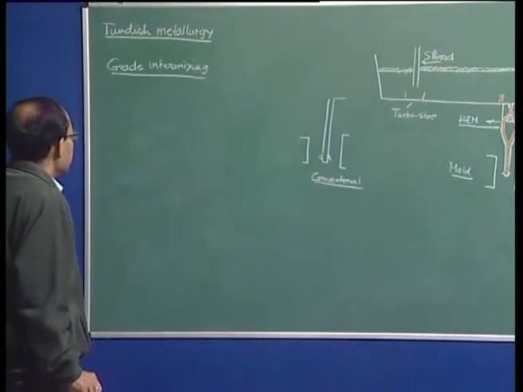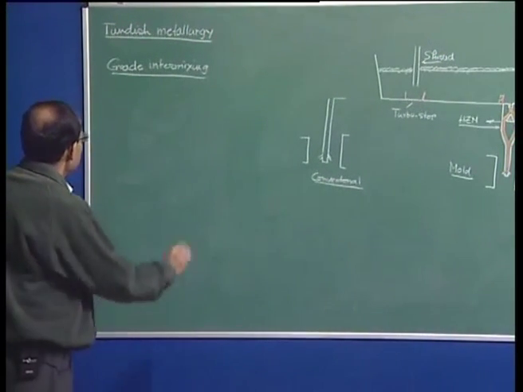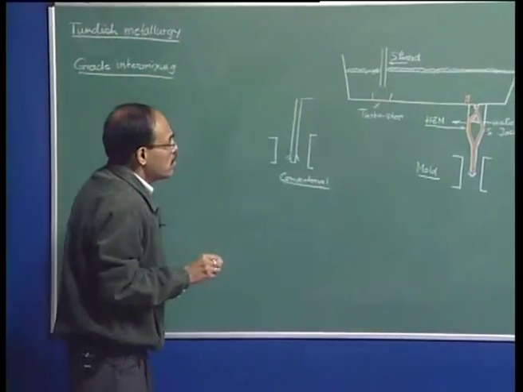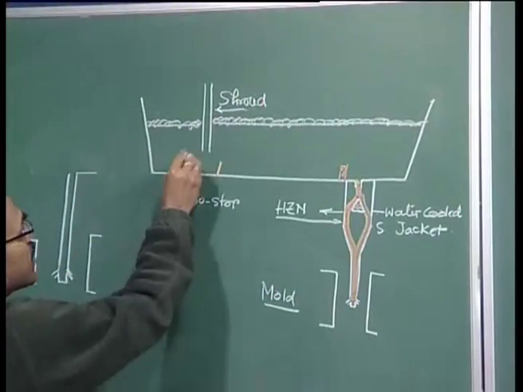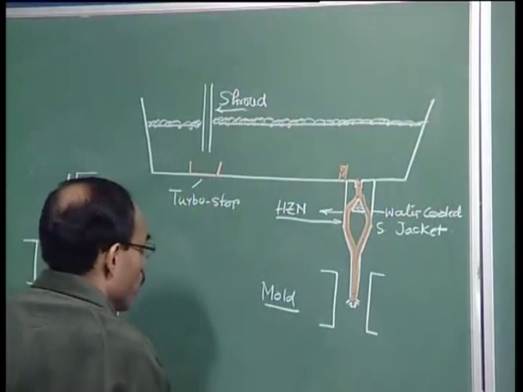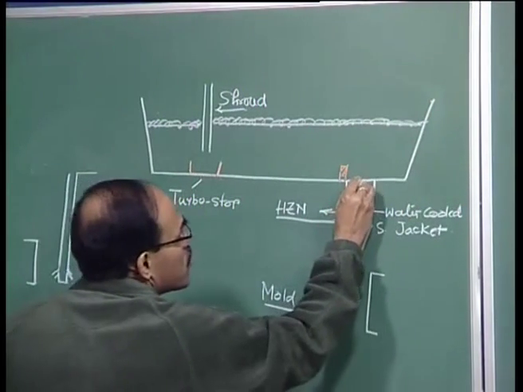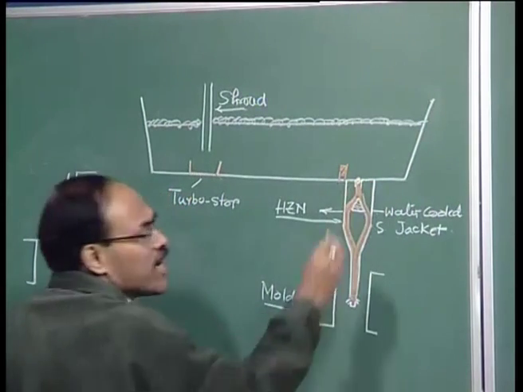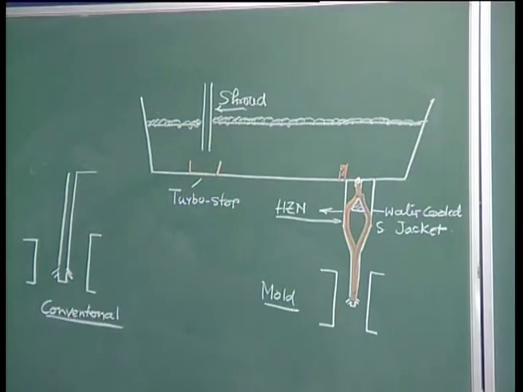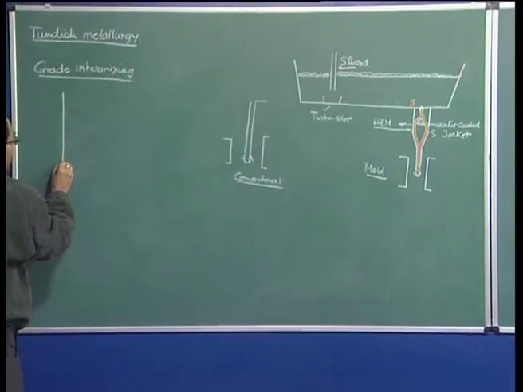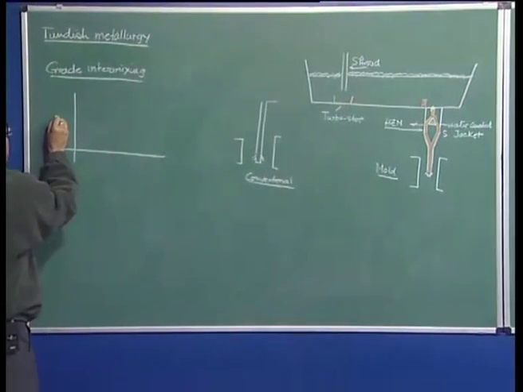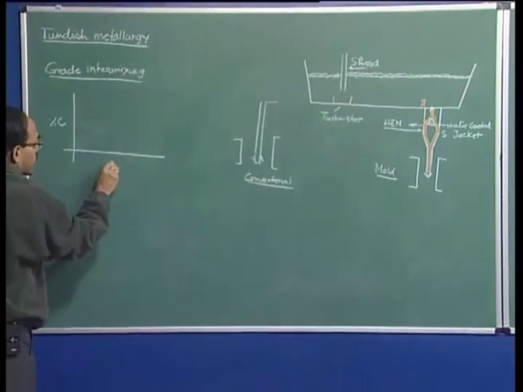So, grade intermixing basically, suppose you have a ladle and the material is coming and is flowing through the tundish. If I measure the concentration here, say in terms of carbon concentration, and if I plot it, I will see that, well, this is percentage carbon and this is the time.